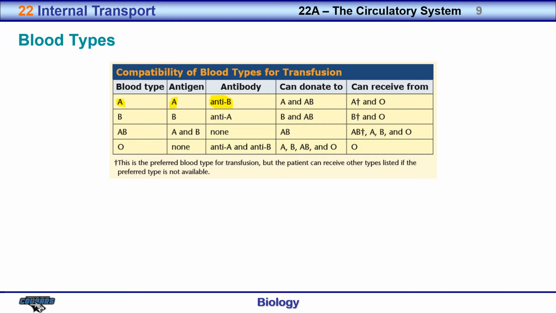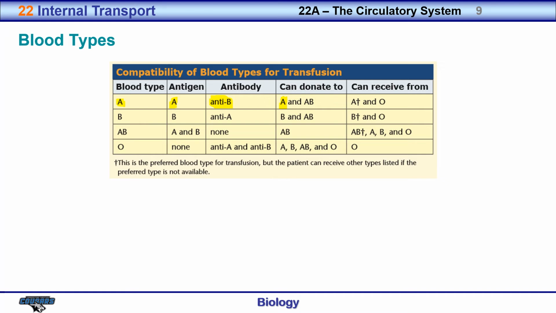Now, who can receive your blood? You know, they've asked people to donate blood, and who can they donate to? In other words, who can be the recipients of their blood? Well, obviously, anybody with blood type A would have anti-B, and there's no anti-B.